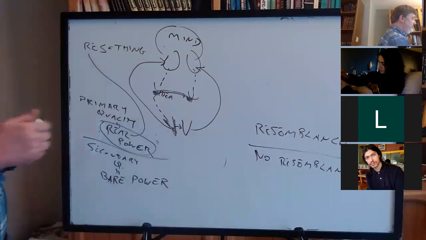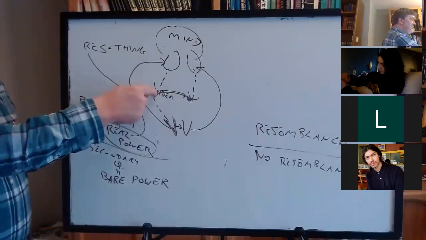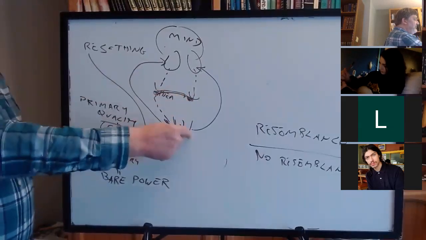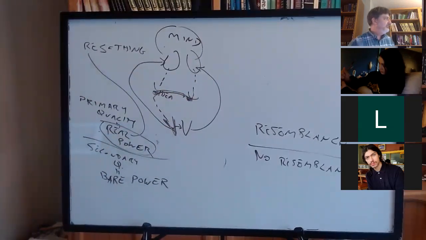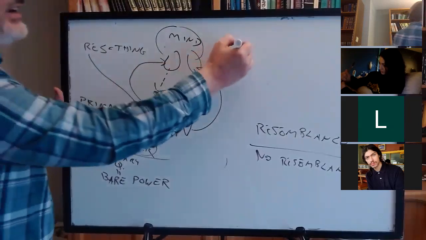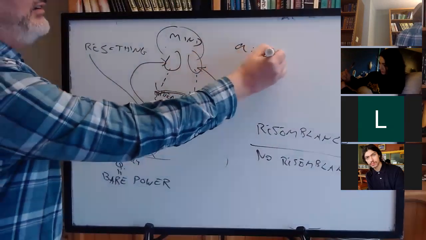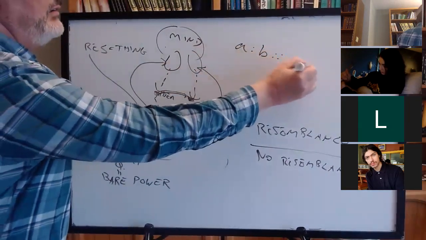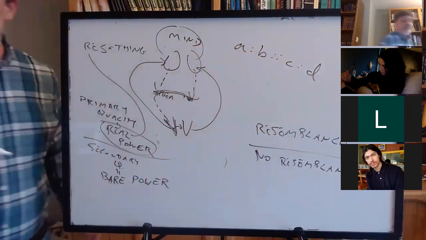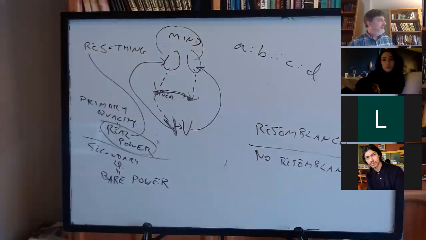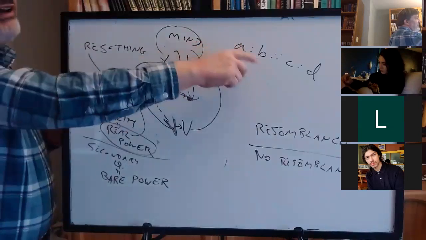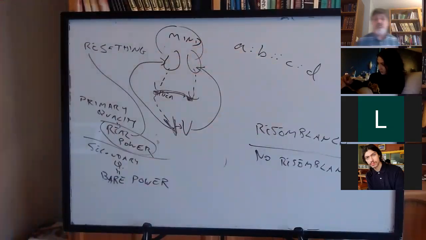Right? So like, as this idea is to this idea, this power is to this power. Right? That's what's called an analogy. A is to B as C is to D. And here A and B would be the two ideas and C and D would be the two powers.